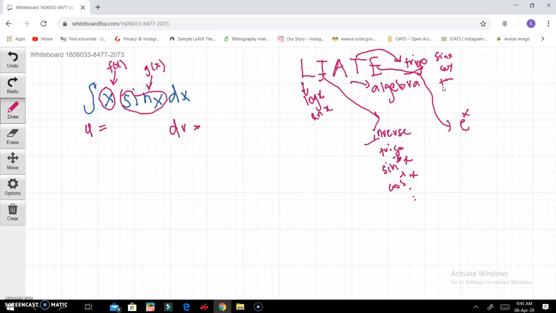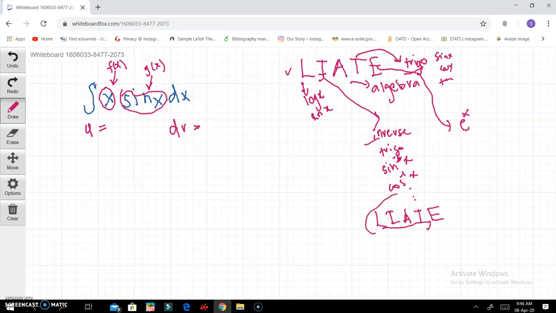So how to use this word? Let's go back to the word LIATE. Which one comes first from this word?